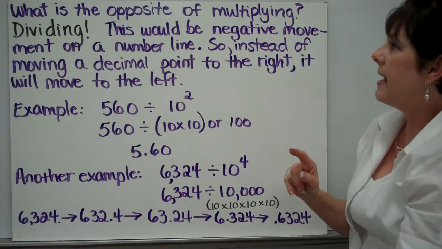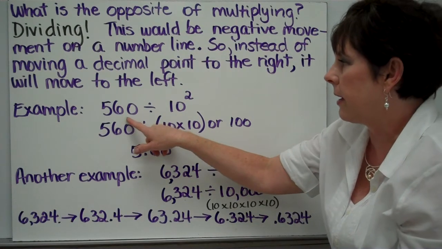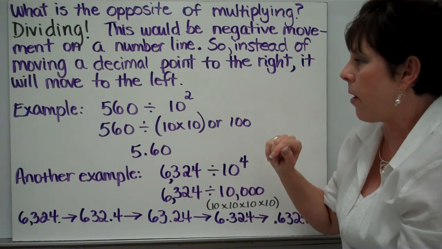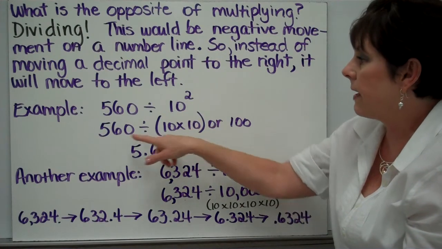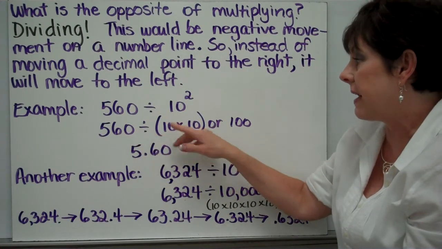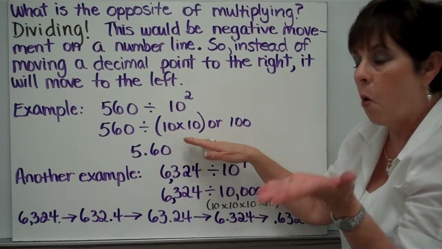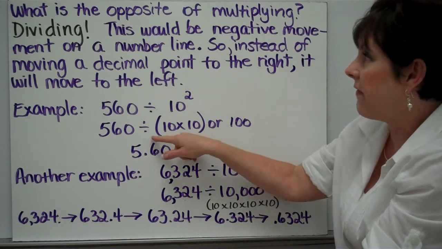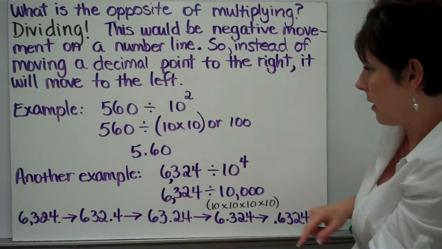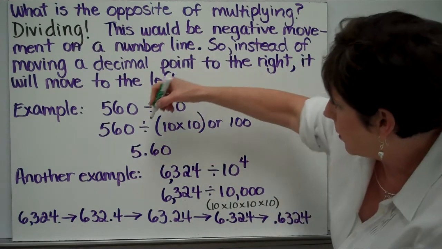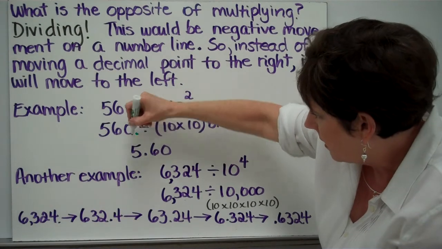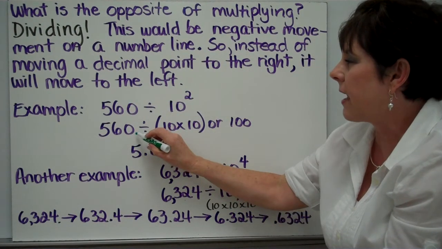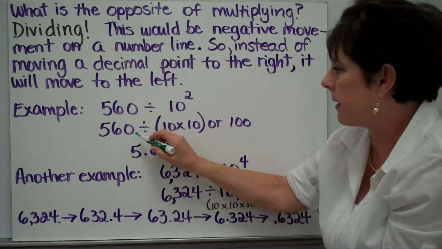All right. Now let's look. This is a whole number here: 560 divided by 10 to the second power. This is another way of saying 560 divided by 10 times 10, or 100. Now, because it's dividing, you're going to go to the left, and remember we were talking about this, that in whole numbers, there's kind of an unspoken decimal point right here.